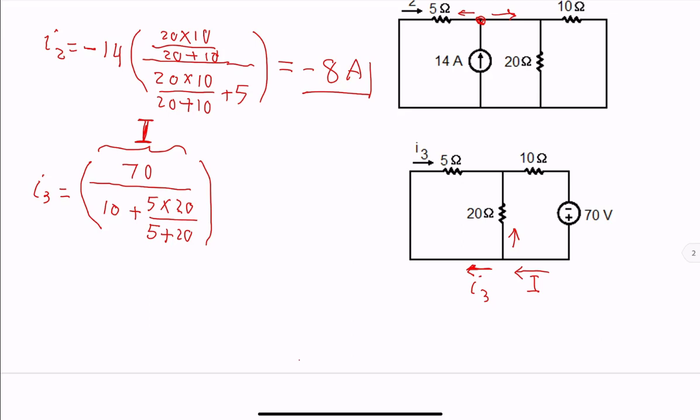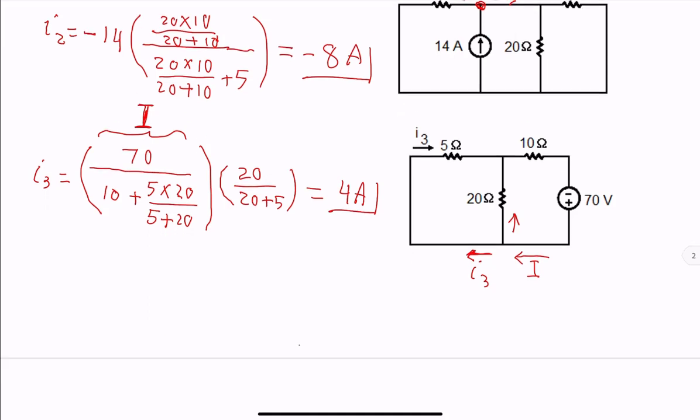And next on the same line, let's do a current division. We are interested in current going into the 5 ohms. So put the 20 in the numerator, divide by 20 plus 5, and we get 4 amps.